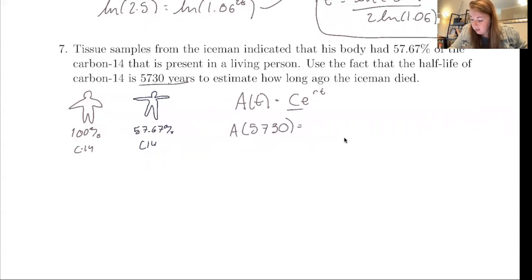If we start with C, I'm only going to have half of that left, right? And then if I continue on to another half-life, I'd have C over 4 and so on. So I can use that and say, oh, C over 2, that's going to be C e to the r, and then t is that amount. I'm basically just writing out what A of 5730 is.